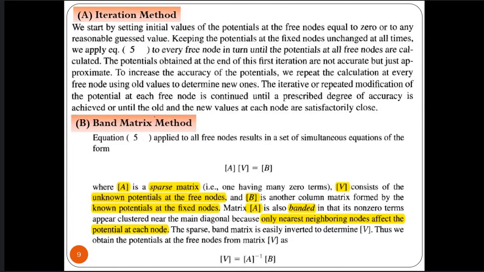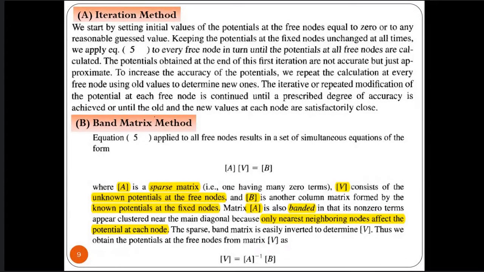Next is the band matrix method. Now, consider the particular equation, that is V0 equal to 1 by 4 of V1 plus V2 plus V3 plus V4. There are some potentials which are known and some which are unknown.